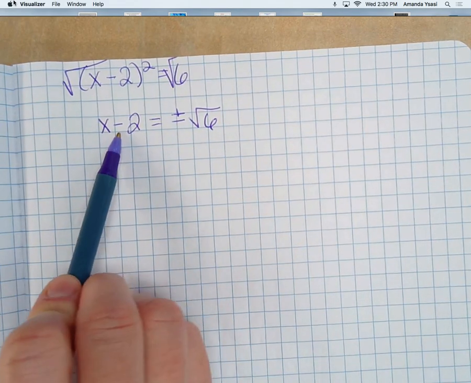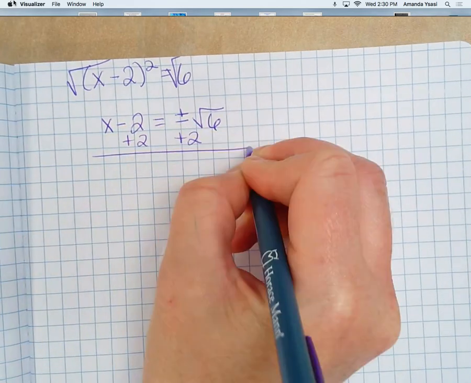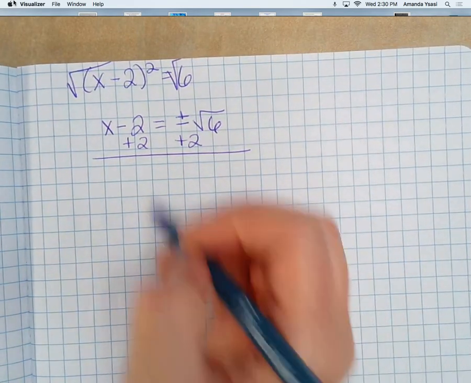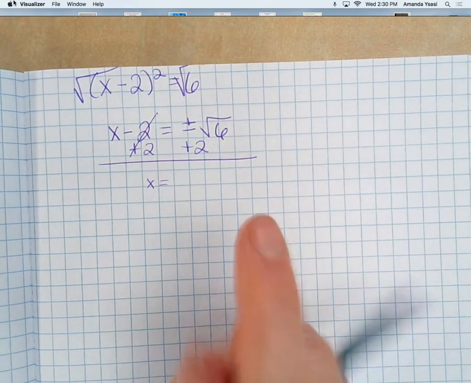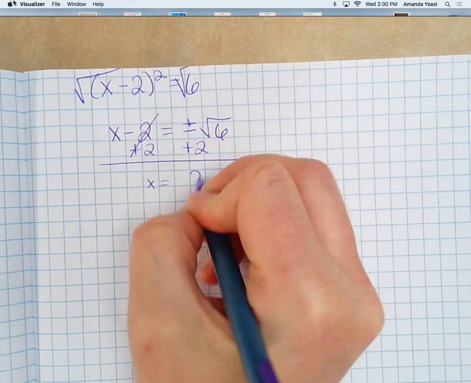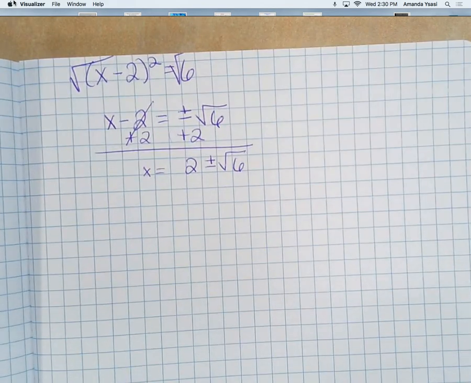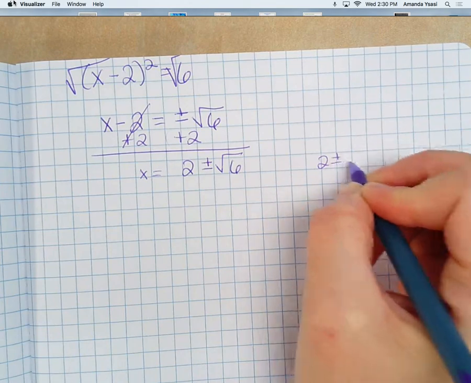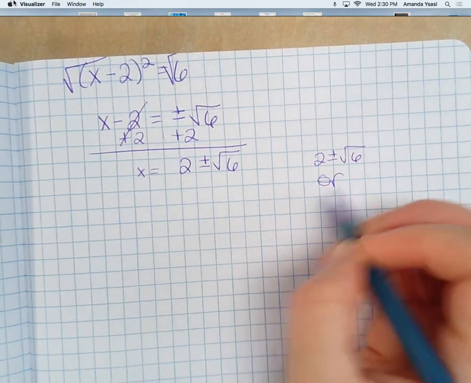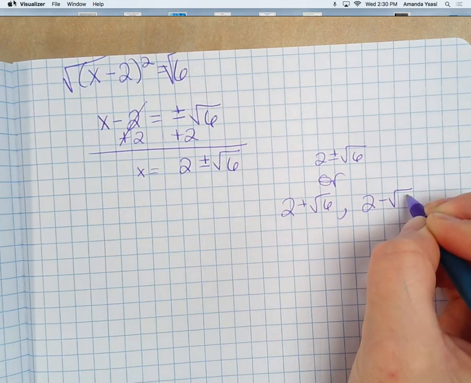And then we have to get rid of this minus 2. So we do plus 2. So this is x equals, we need to put the 2 first and then do plus or minus the square root of 6. So that is our solution set. 2 plus or minus the square root of 6, or you can write it as 2 plus square root of 6, comma, 2 minus square root of 6.